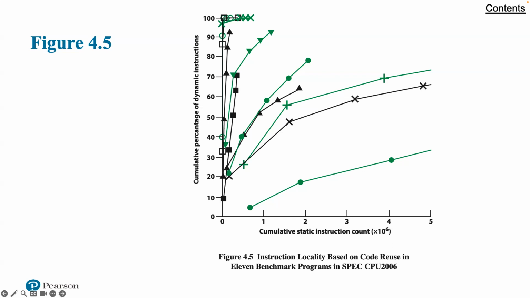The second, third, fourth, and fifth points represent the top 5, 10, 15, and 20 most frequently called subroutines. Many programs initially show a steep upward climb, and we see that trend here as the static instruction count increases, which suggests very good instruction locality.